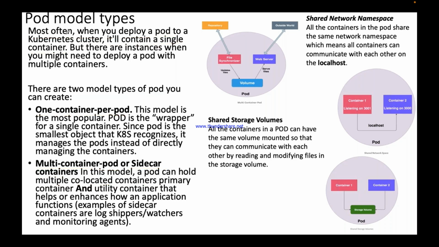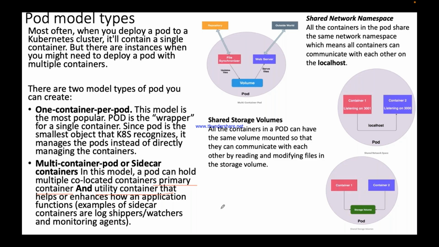You go for this multi-container or sidecar container model when you will have a primary container, the main application, and a utility container or helper container that will help or enhance your application functionality. A utility container that helps or enhances how the application functions.